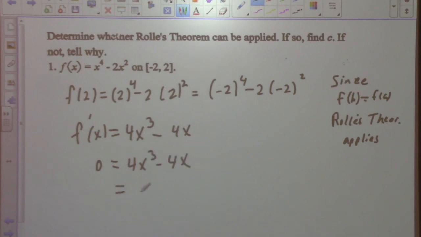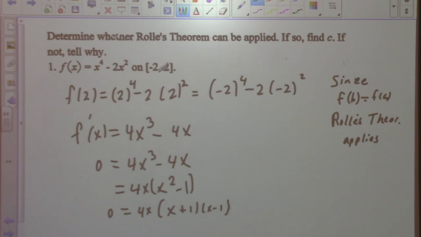And what is our common factor here? 4x. So we have x squared minus 1. So we have 0 is equal to 4x, and we have x plus 1, x minus 1.